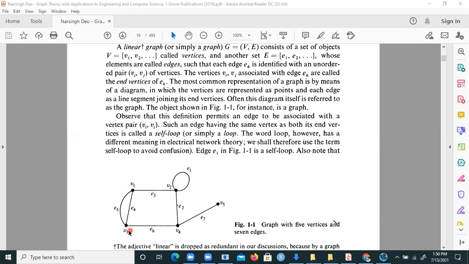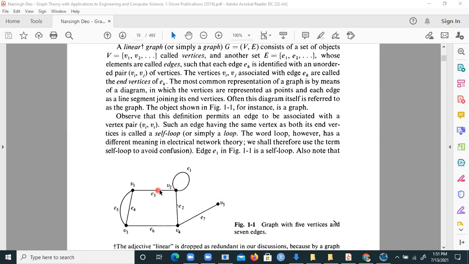V3 is similarly the end vertex of the edges E5, E4, E6 respectively. So these are not pendant vertices. A pendant vertex is that vertex which is the end vertex of only one edge. So here the pendant vertex is V5.